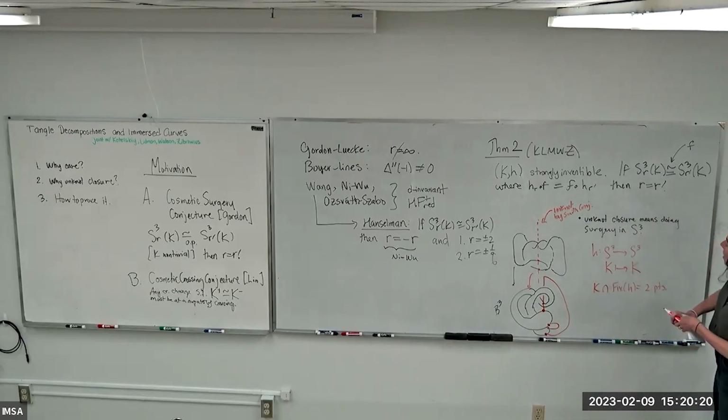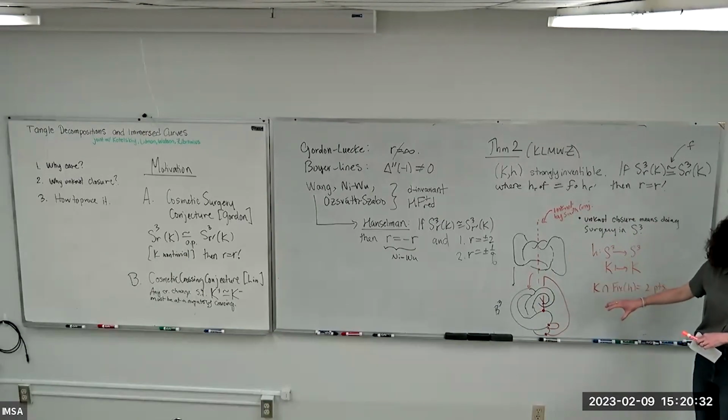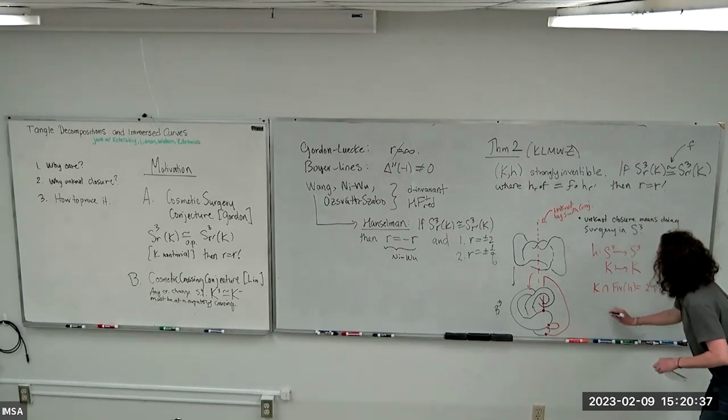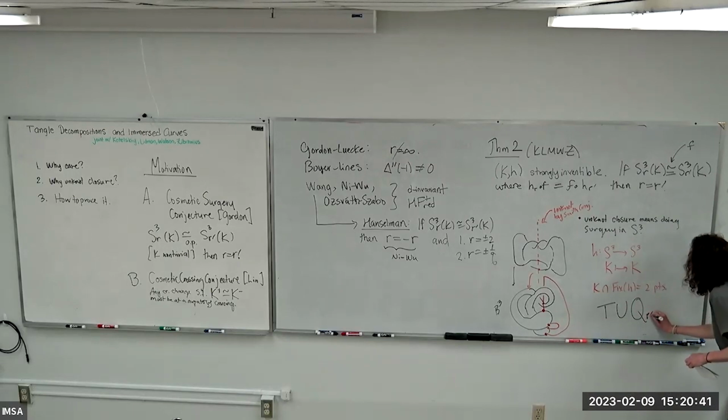And the point is, and this is using a theorem of Montesinos, that doing P over Q Dehn surgery upstairs is like doing a P over Q slope rational filling of the tangle downstairs. So that's what I'm going to be considering down here: T union my rational tangle, as a proxy for Dehn surgery upstairs.